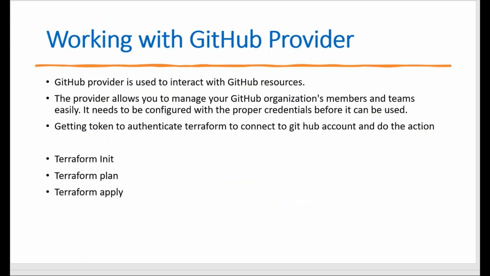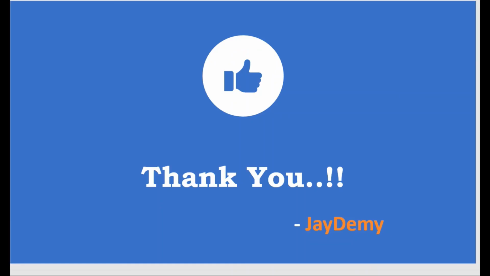And the second thing is how to work with other providers, be it GitHub or Azure. Okay, that is the high level overview I have given to you. I hope this helps you understand and provision multiple providers. Thank you.